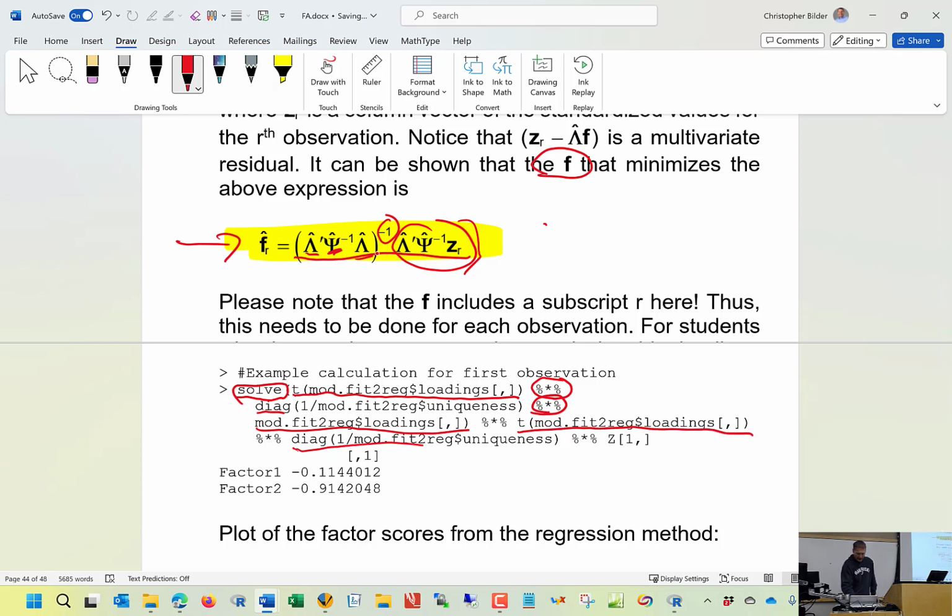There's my inverse of that matrix. And then if I have, let's say, all the standardized values stored in a matrix called Z, I take the first observation or first row, and I get my Z sub r or Z sub 1 from that. And here are my common factor scores.